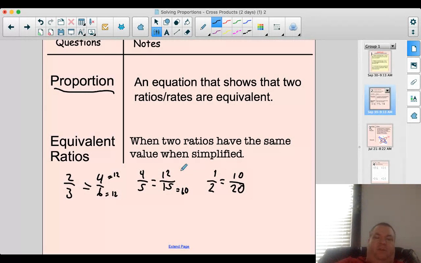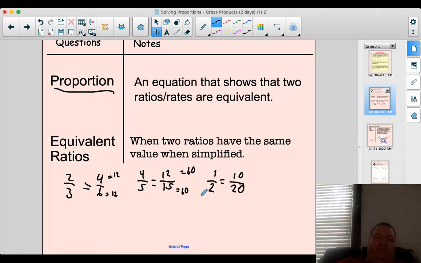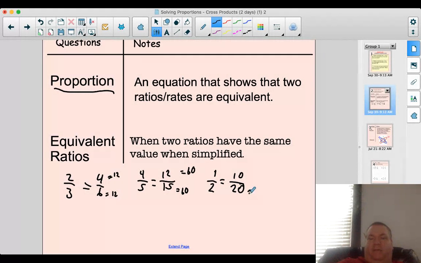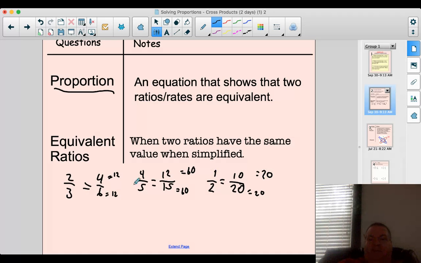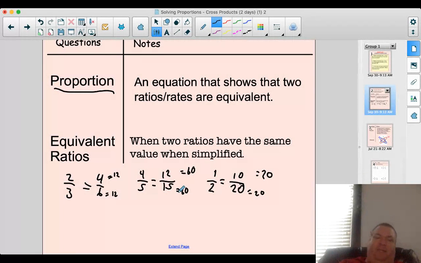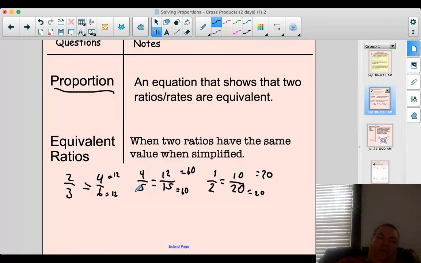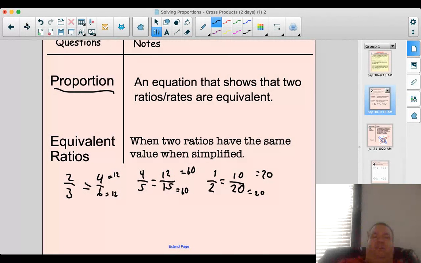What's 5 times 12? Why, that's also 60. Same number. But here, it's 1 times 20. 20. What's 2 times 10? 20. You can do this all day long, right? No matter what ratios you pick, as long as they're equivalent, if you multiply the diagonals, you'll always get the same thing. The number you get when you multiply the numbers that are diagonal from each other is called the cross product.